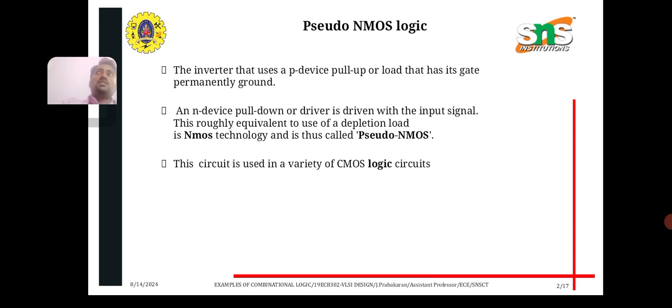Pseudo NMOS logic is a digital logic design technique that modifies the traditional CMOS approach to simplify circuit design and reduce transistor count. It is especially useful in applications where area efficiency and speed are prioritized over power consumption.